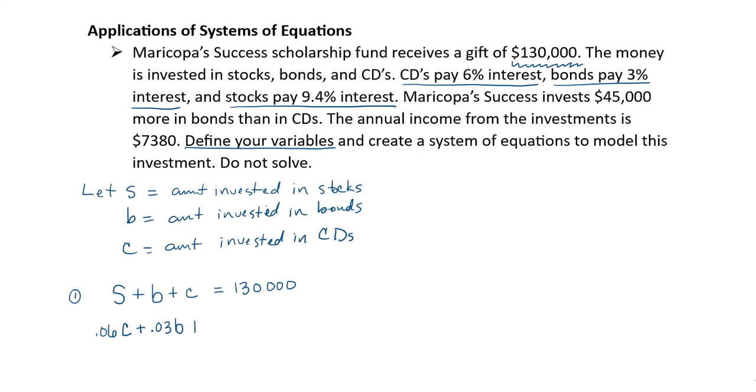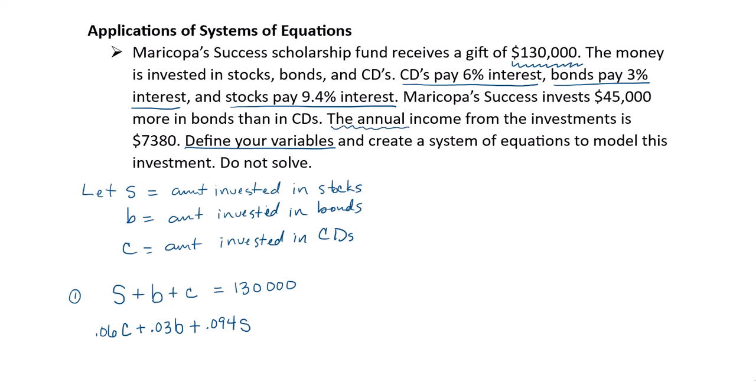And then we have stocks. The stocks paid 9.4%. So we're going to take 0.094 and multiply that by however much we invest in the stocks. And those amounts together will be the earnings that you have. That information is in the problem as well.